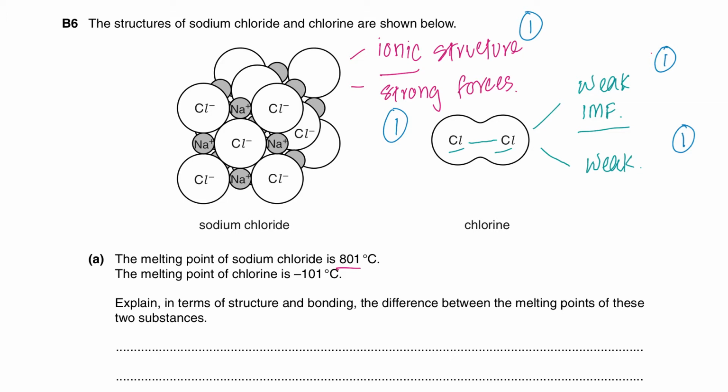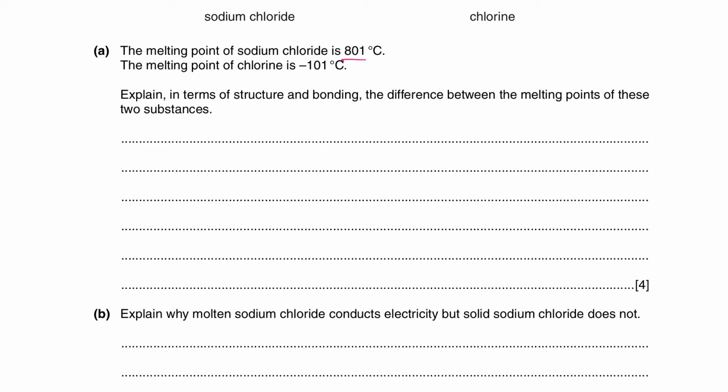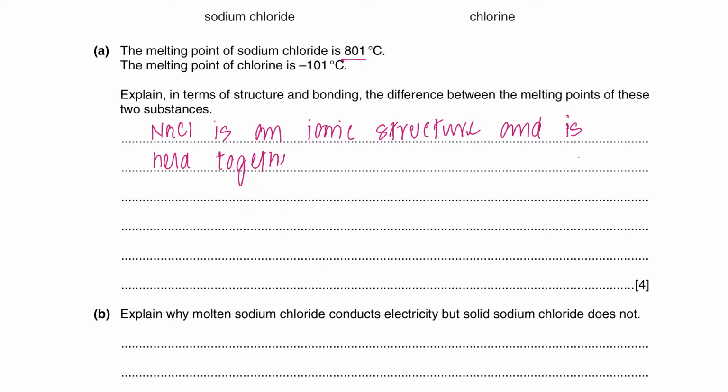Let's try doing that now. So sodium chloride is an ionic structure, and the ions are held together by strong ionic bonds.